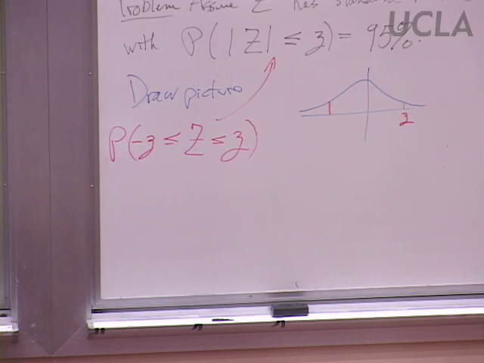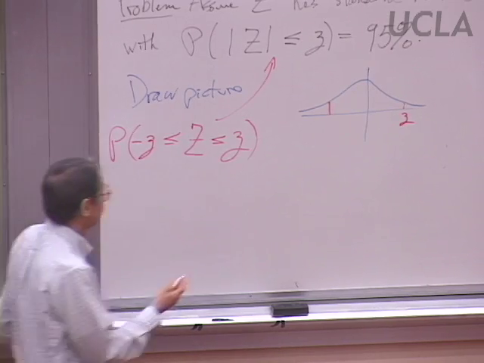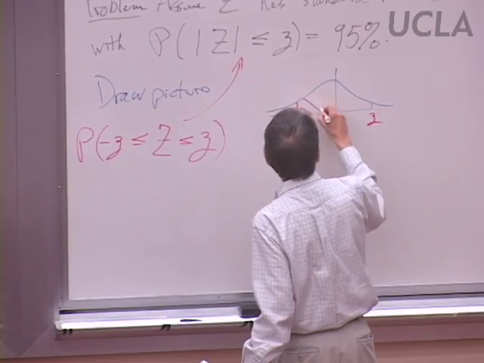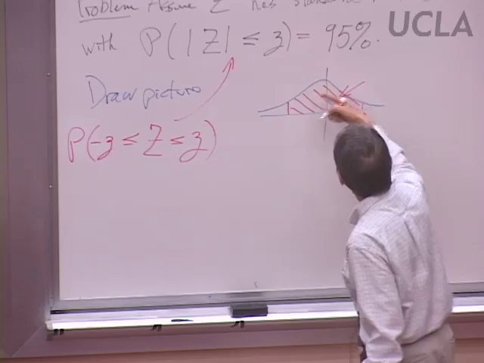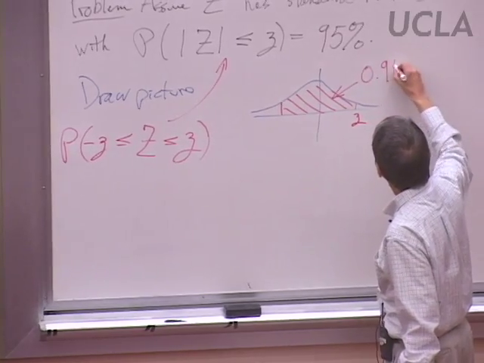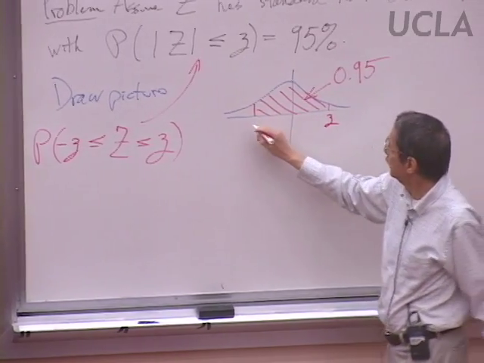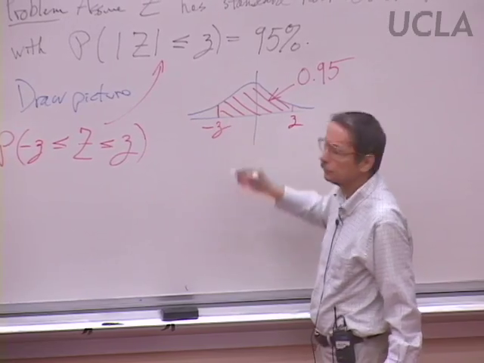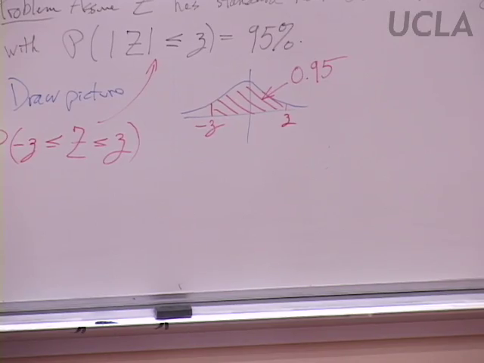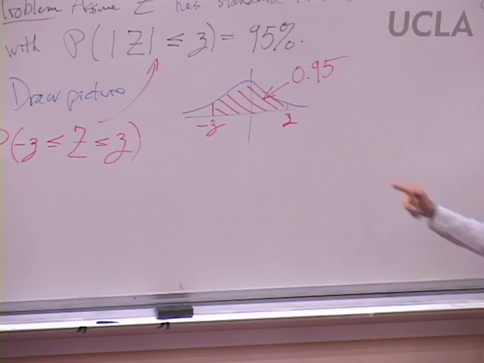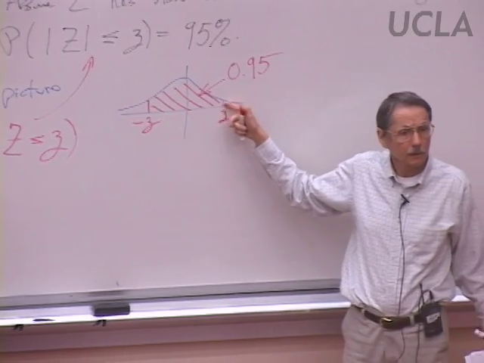But that probability has to be 95%. Well, so back to drawing the picture. The thing that's 95% is this shaded area between minus z and z. And what we're looking for is the number.